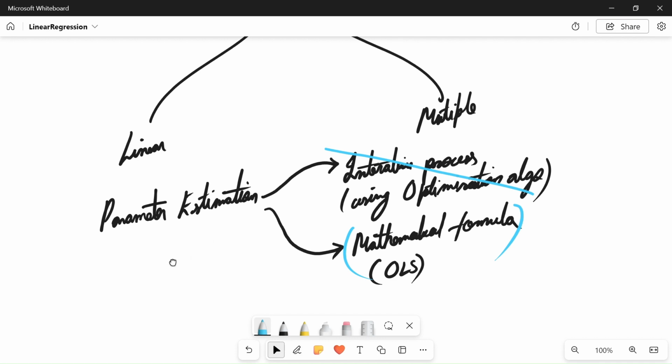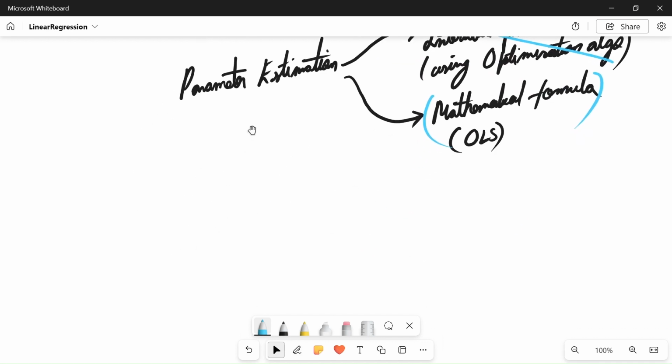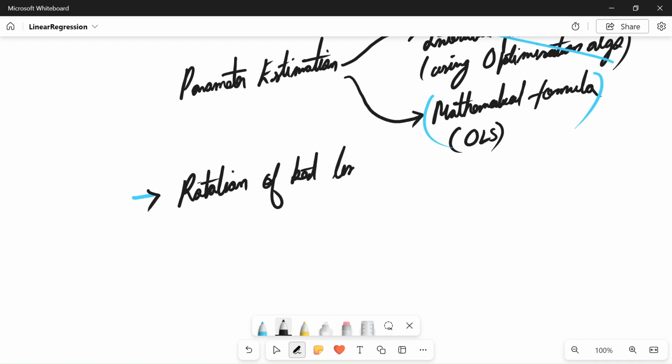Now, let me give you a brief segmentation of this particular discussion. The first thing that we'll discuss is the rotation of best fit line about a point.